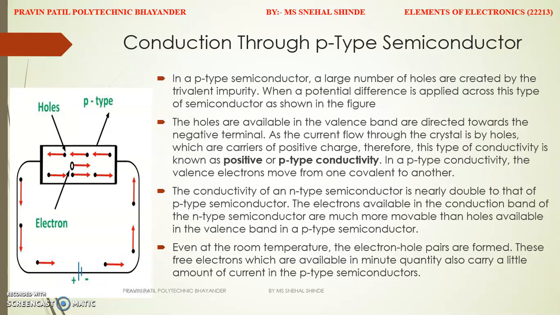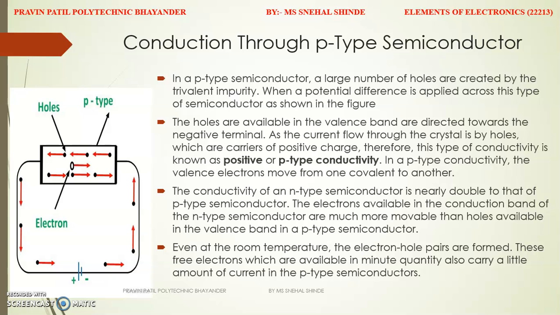In p-type conductivity, the valence electrons move from one covalent bond to another. The conductivity of an n-type semiconductor is nearly double that of the p-type semiconductor. The electrons available in the conduction band of the n-type semiconductor are much more movable than holes available in the valence band in a p-type semiconductor.